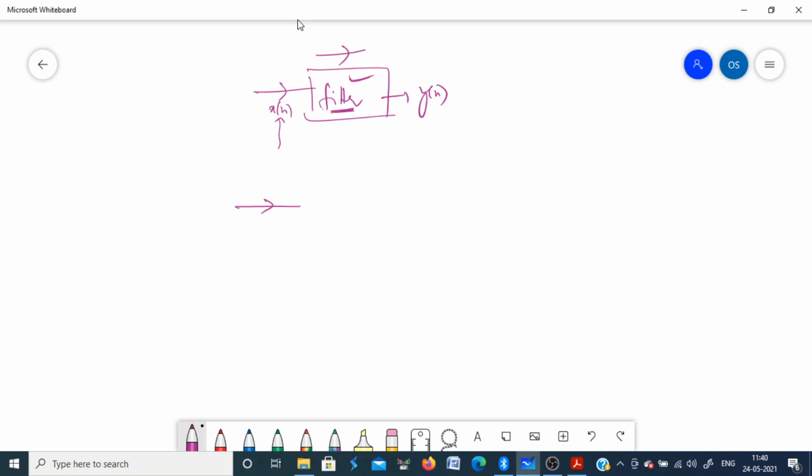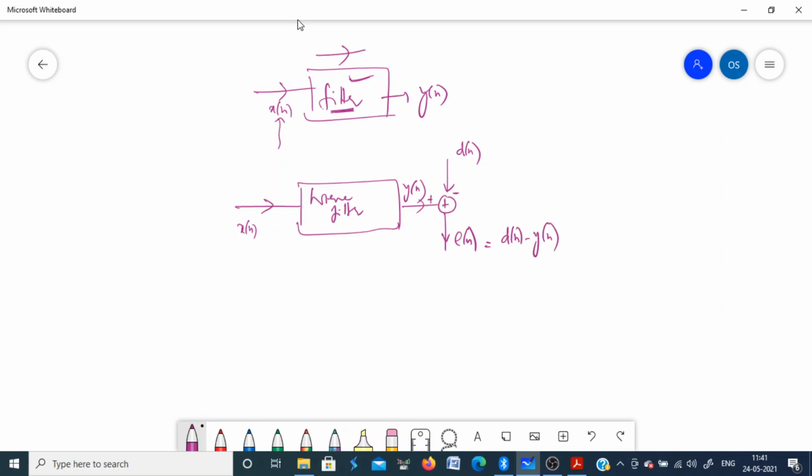One is you give an input signal to a filter, and this filter, using the equation of convolution, generates some output y(n). And then we have another signal here which we call the reference signal. These two are subtracted together to get an error signal, which is d(n) minus y(n), the reference signal minus the output of this filter.